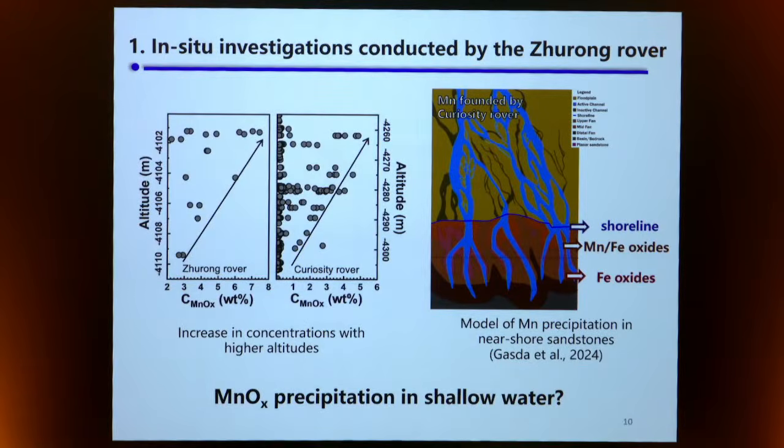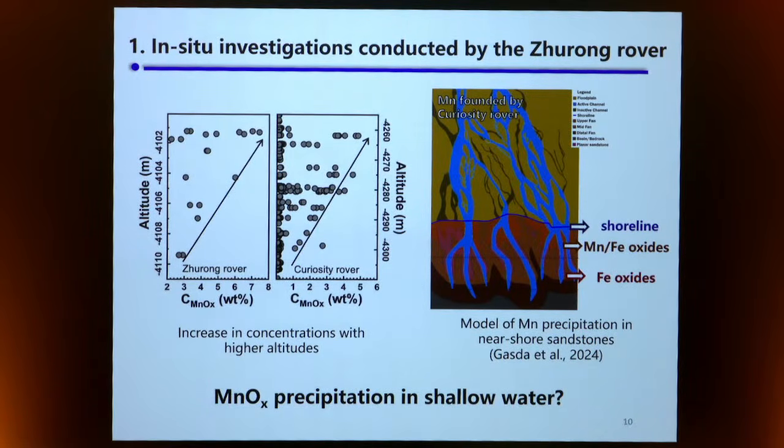Notably, the concentrations of manganese hydroxide exhibit a clear increase with altitude. This trend mirrors findings from the Curiosity rover in Gale crater, where such deposition has been attributed to oxidative diagenesis in aqueous environments.